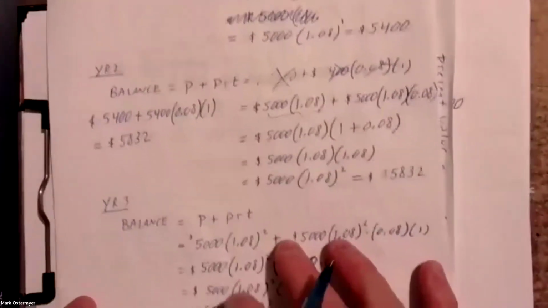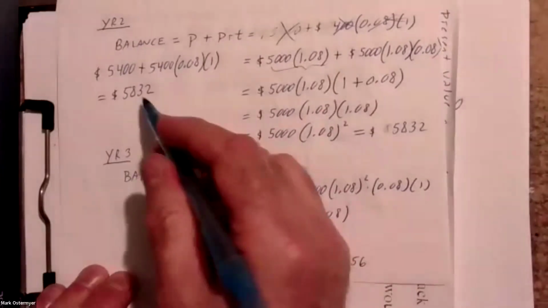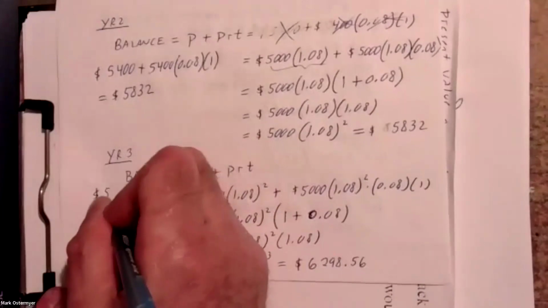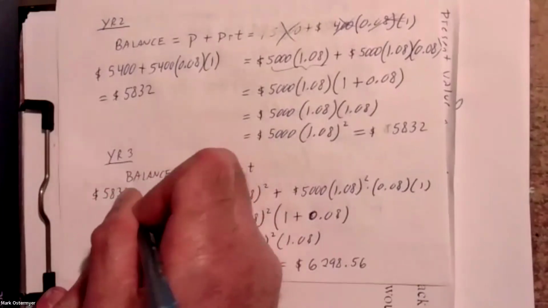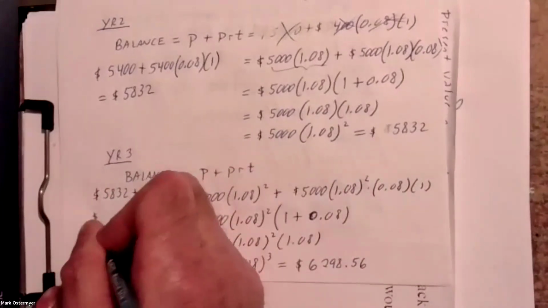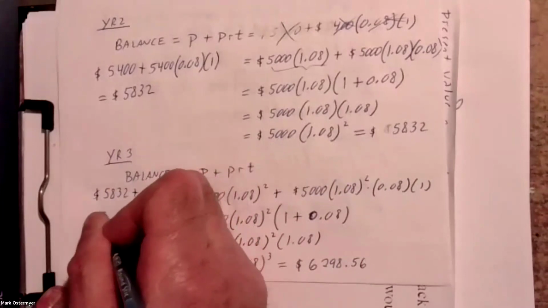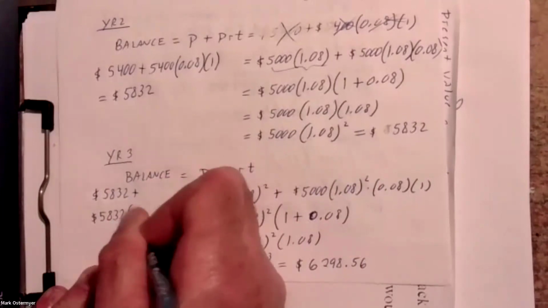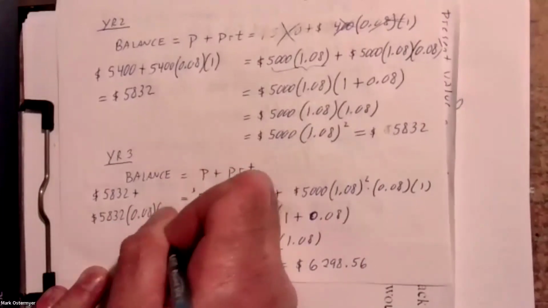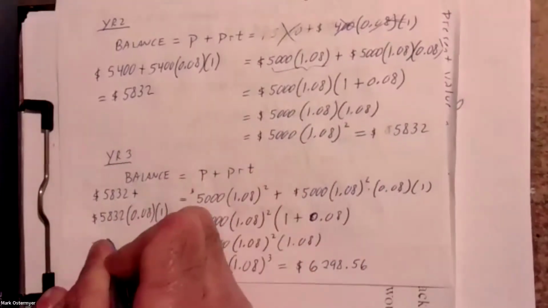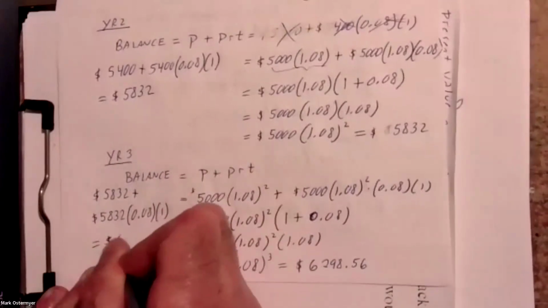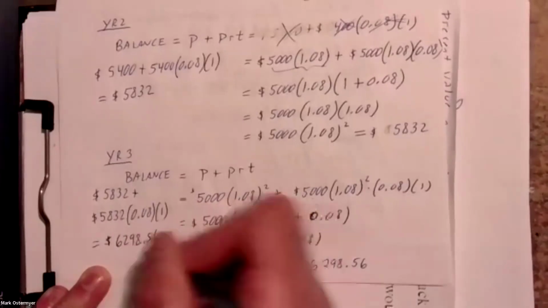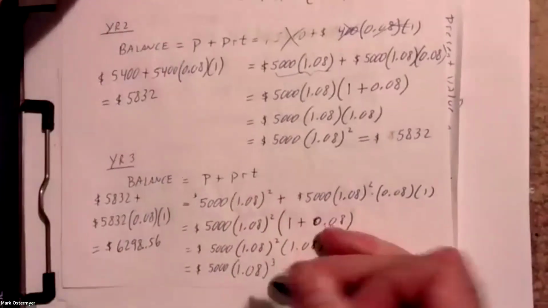This new balance is going to be carried over into year 3. And in year 3, our $5,832 is going to earn another year's worth of interest. Only the principal is bigger now. It's $5,832. It's no longer $5,000. And at the end of the third year, you'll have your $6,298.56. So this is just a quick snapshot as to how compound interest works.